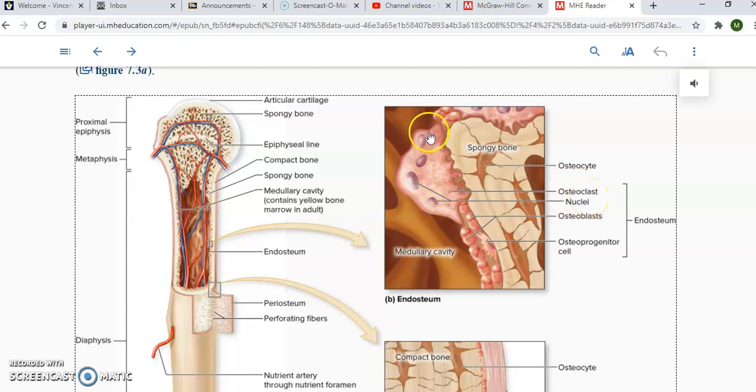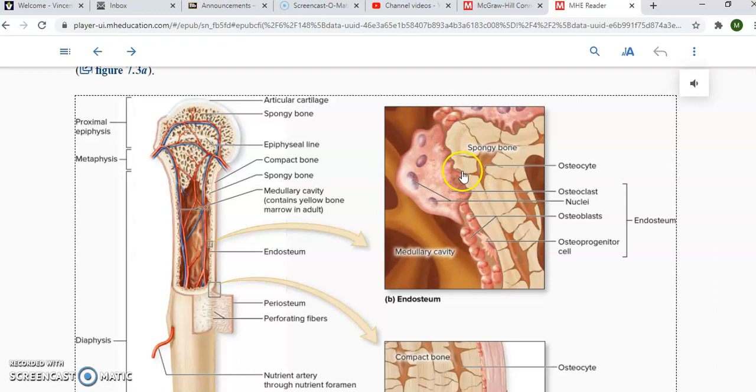And so you can see a big osteoclast here, and it usually has these little extensions and things that give it more surface area. All right, so we need osteoclasts because what they are going to do is break down bone whenever we need it to be broken down.